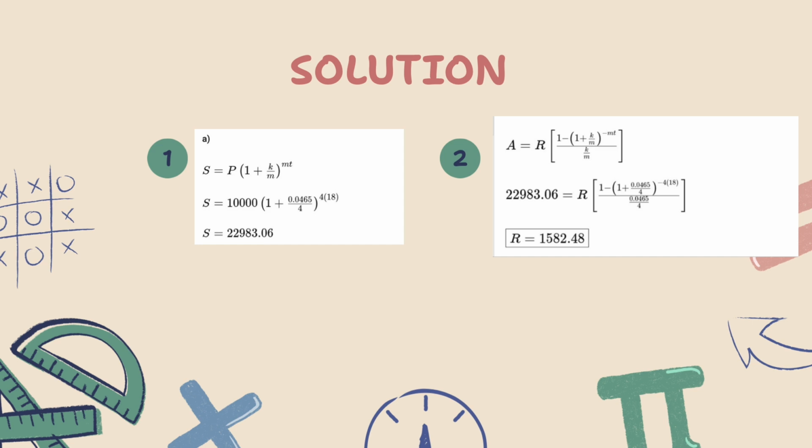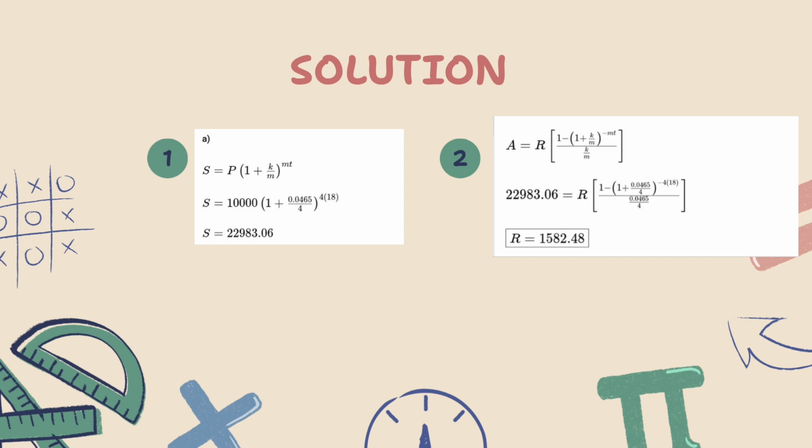After that, insert the information in the formula: S equals 10,000(1 plus 0.0465 per 4) to the power 4 times 18. After substituting the values, I obtained S is 22,983.06.